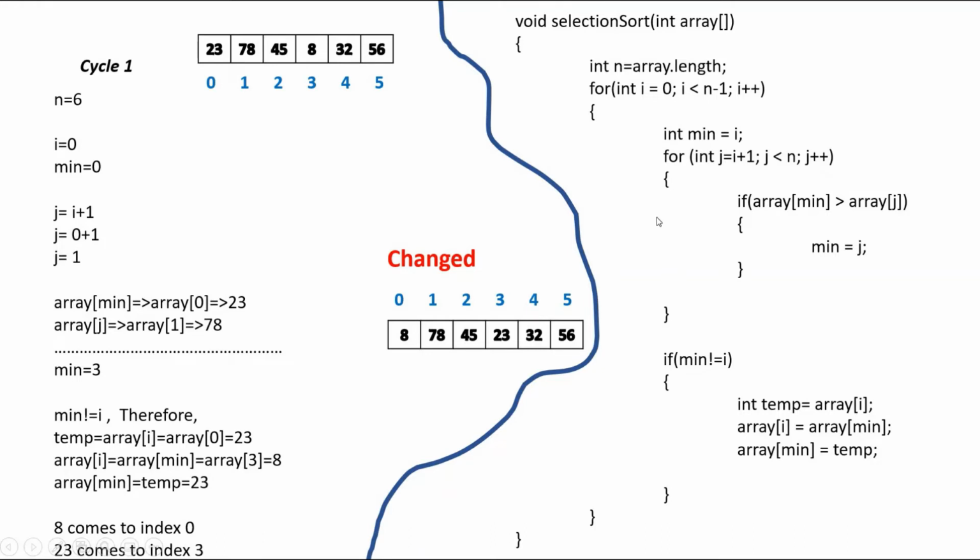When we execute this code, it will finally get a value. What is that value? It is the minimum value of that list. I think you can remember the things I have told you earlier, like we are finding the minimum of the unsorted list.